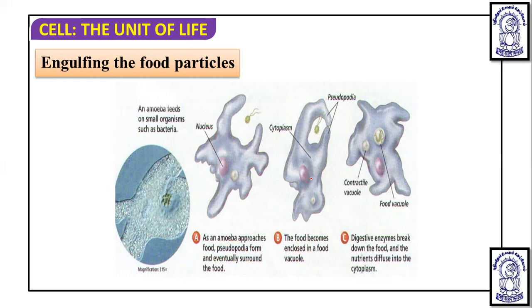This is the food particle, and this is the pseudopodia. It engulfs the food material and then forms a food vacuole. Digestive enzymes break down the food, and the nutrients diffuse into the cytoplasm and are used wherever they are required. So this is what we have understood about the vacuole.